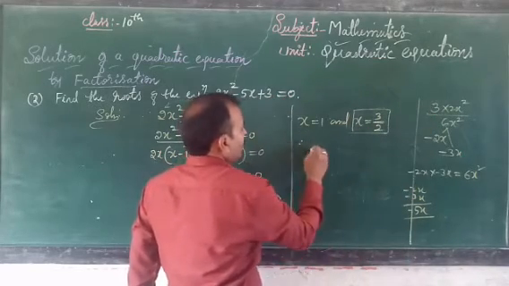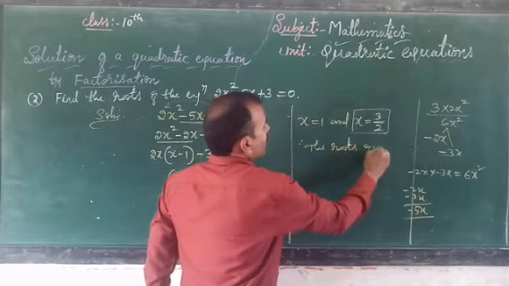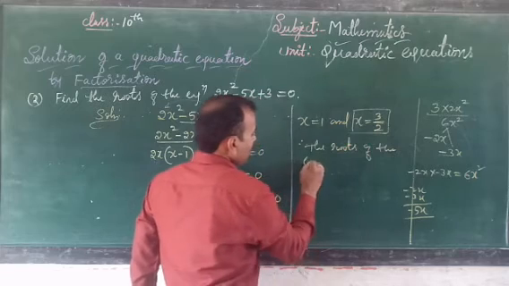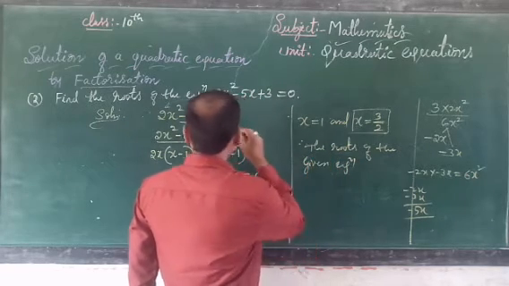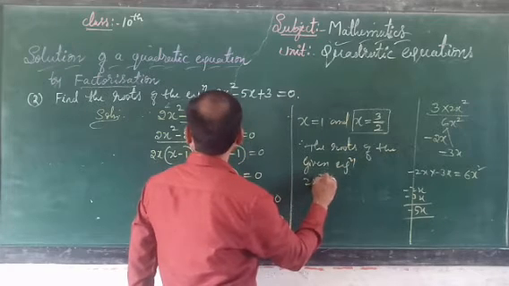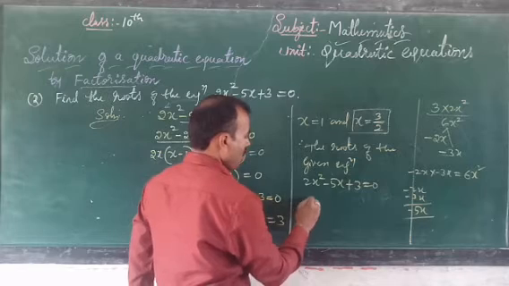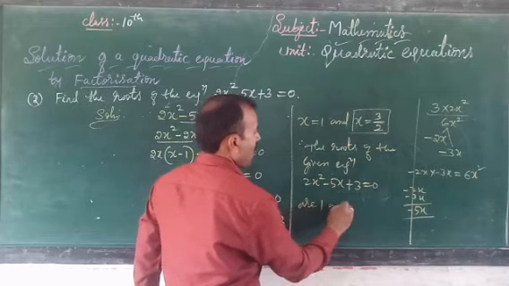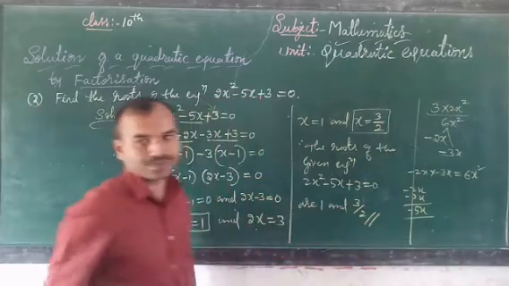Therefore, the roots of the given equation, that is 2x square minus 5x plus 3 equals 0, are 1 and 3 by 2.